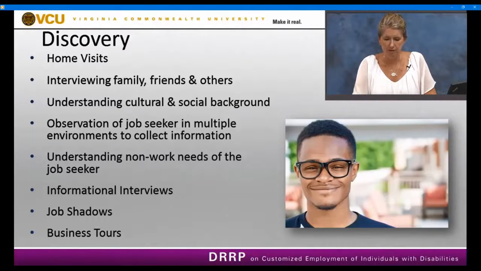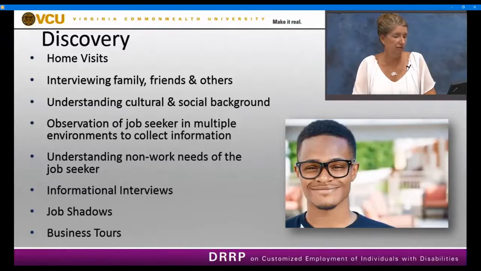Are there individuals who attend church every Sunday or every Wednesday, and that's important to them, and we want to make sure that they can still do that? Are there medical appointments or regular counselor visits that we need to attend to so that the employer knows that ahead of time and we've negotiated that in the employment process?